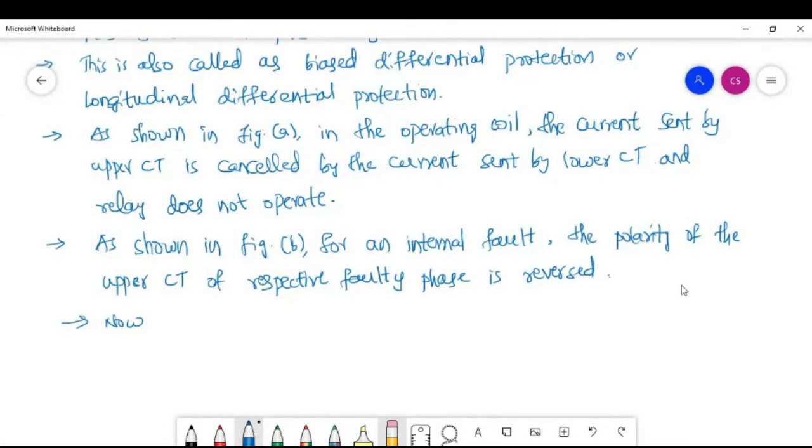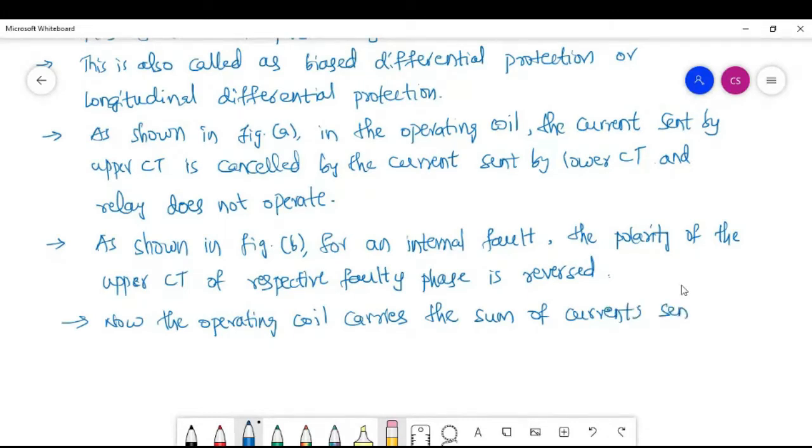Now the operating coil carries the sum of currents sent by the upper and lower CTs.